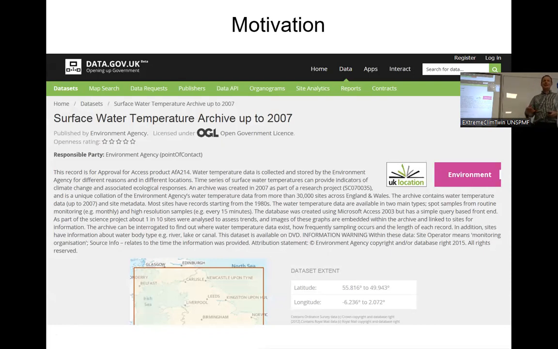They were collected as part of routine monitoring and compliance of water quality in rivers and lakes and the coastal zone around the UK. But there may be such data here in Serbia and in the countries joining remotely that could be used as a basis for developing a national water temperature indicator.